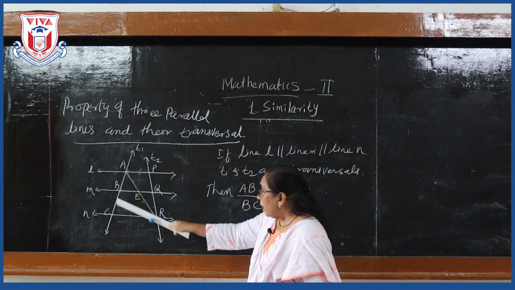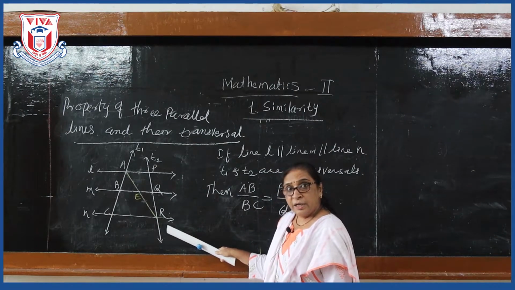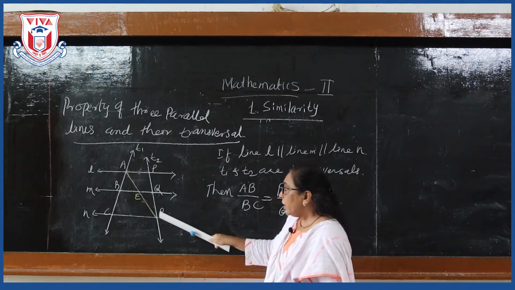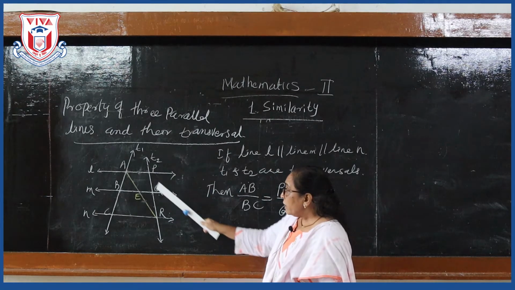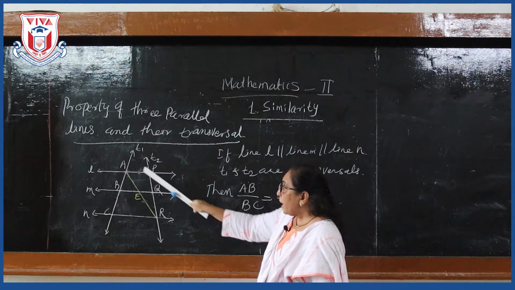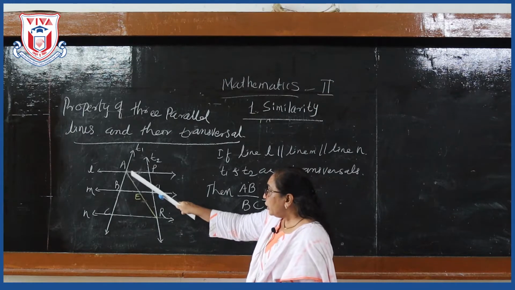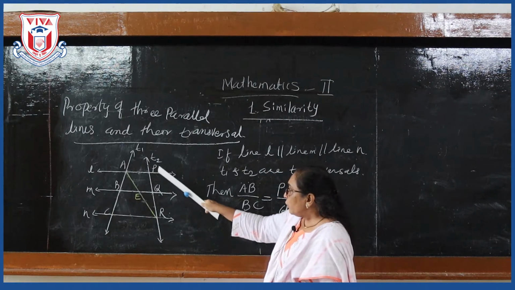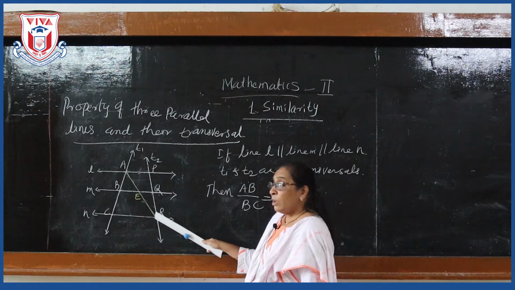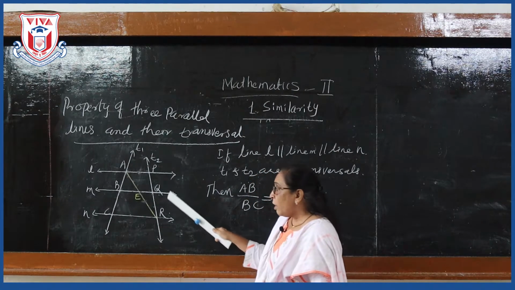Now if you consider triangle ACR, BE is parallel to CR, given, then AB upon BC is equal to AE upon ER. And now if you consider triangle ARP, here also EQ is parallel to AP. So by using basic proportionality theorem, the ratio AE upon ER is equal to PQ upon QR. Now this ratio AE upon ER is equal to both AB upon BC and PQ upon QR.